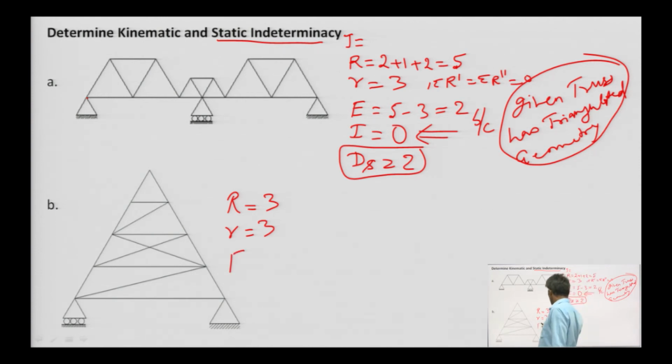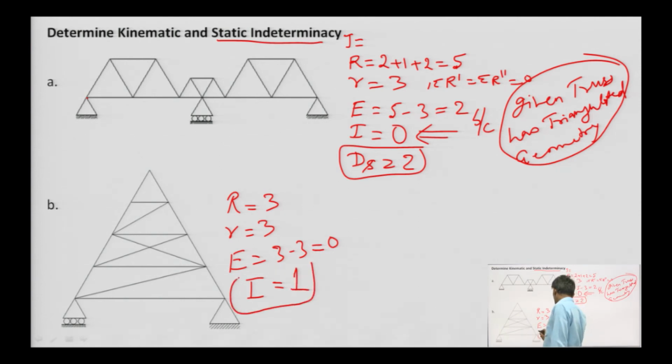So, value of E is how much? 3 minus 3 equals 0, meaning a determinate truss. It is externally determinate. What will be the value of I? Value of I in this case will be 1 without any calculation.